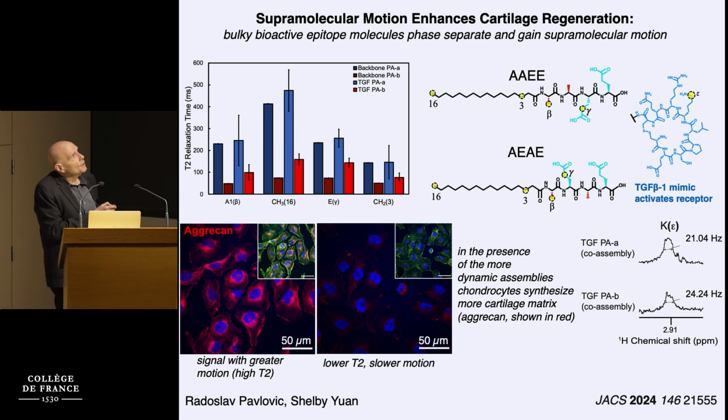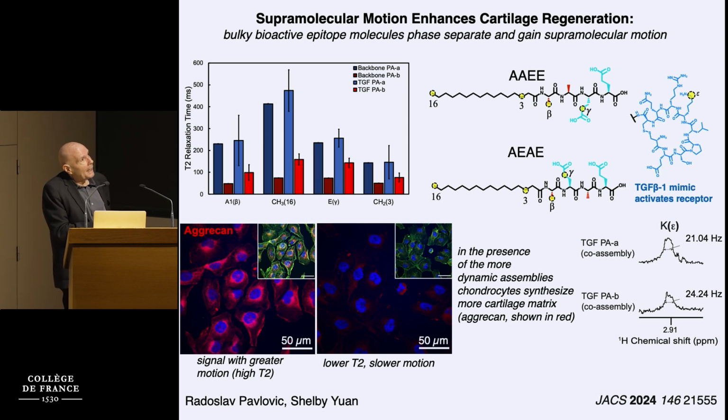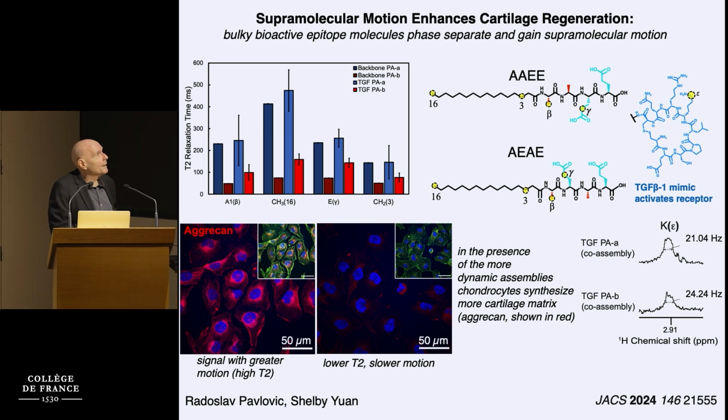Okay, very recently we showed that the effect is pretty universal because we see an effect in cartilage regeneration, the other important target. In this case, the signal is the cyclic peptide that mimics TGF-beta1 protein and activates the TGF-beta1 receptor for chondrogenesis. Using NMR, we were looking at beta protons in alanine residues, gamma protons in glutamic acid residues, and even protons in the aliphatic tail.